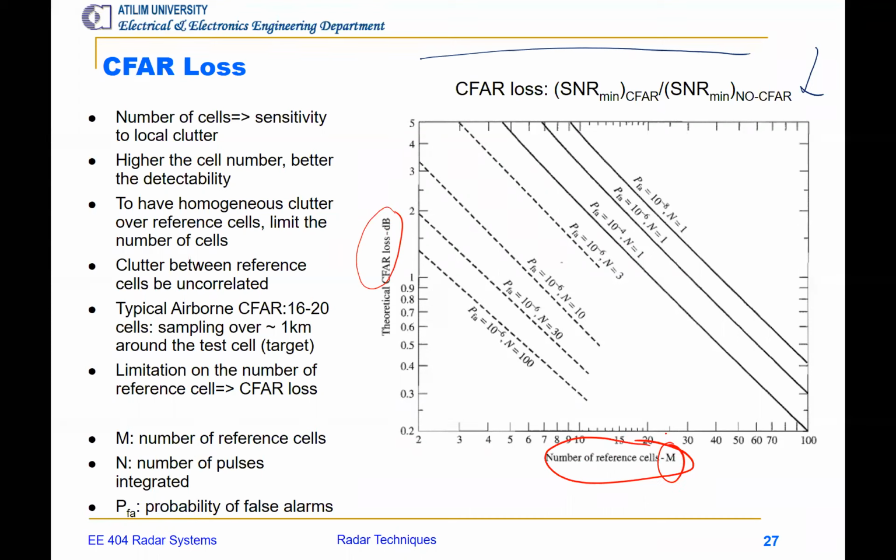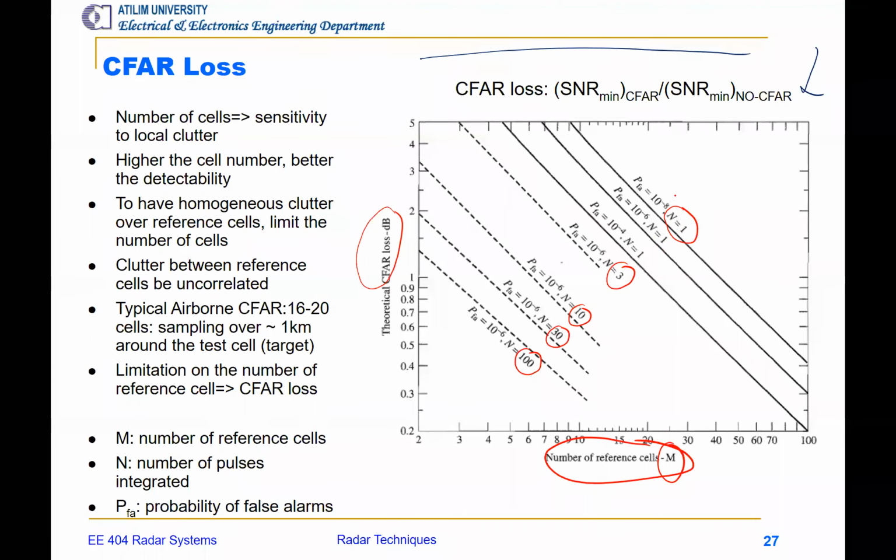But of course, the number of pulses that we would like to integrate, and also the probability of false alarm, will be important. So we see here 1, 2, 3, 4.